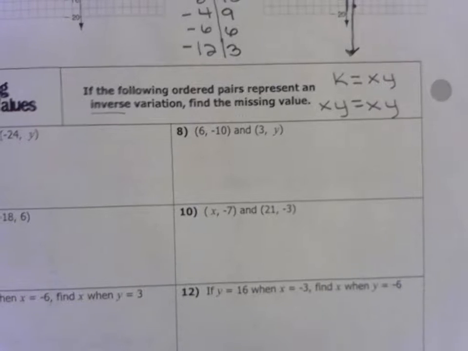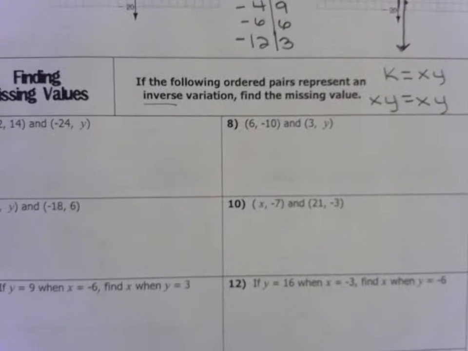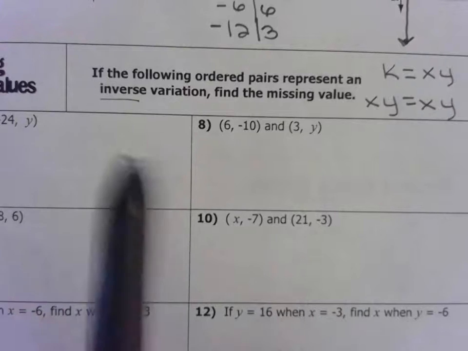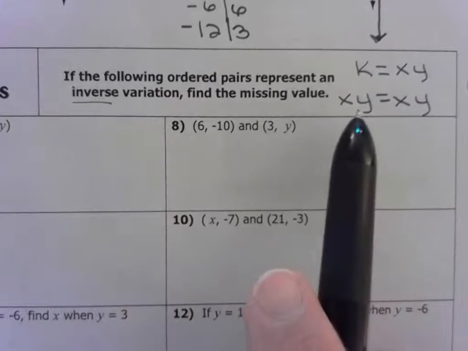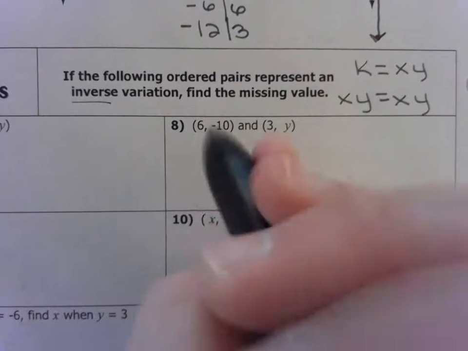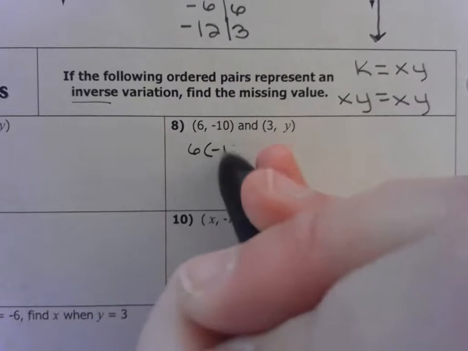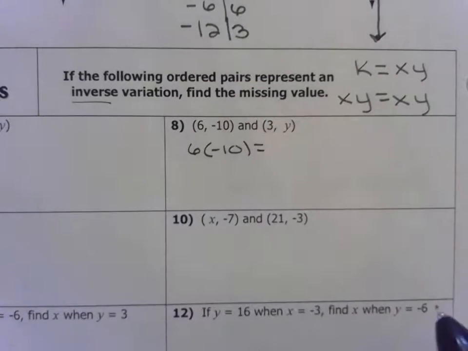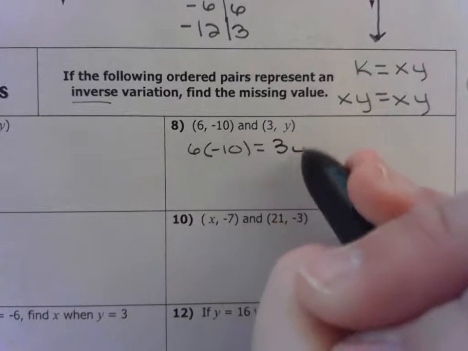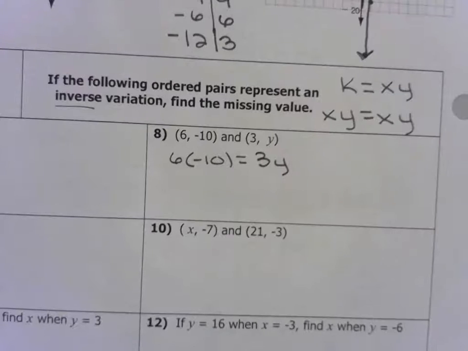Let's look at one like 8 real quick. Since these are inverse, my constant of variation is x times y. So all you're going to do is look at your first ordered pair, take x times y, and set it equal to the second ordered pair, x times y, which is 3y. Instead of y over x, k is now x times y.